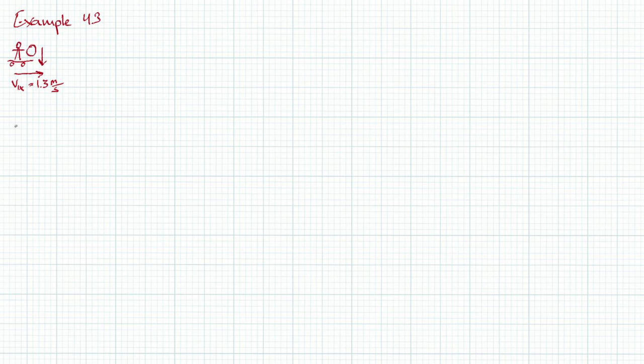The initial velocity in the y direction is 0 meters per second because you're dropping it from rest. And this is going to be what we start our problem on. The fact that it has a horizontal initial velocity, but no initial vertical velocity.